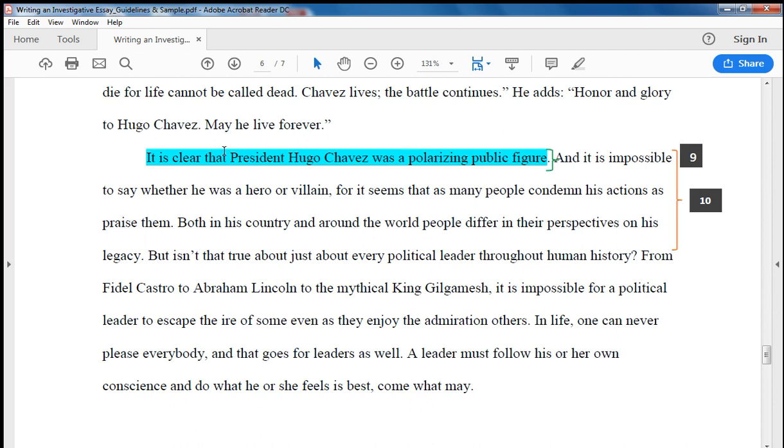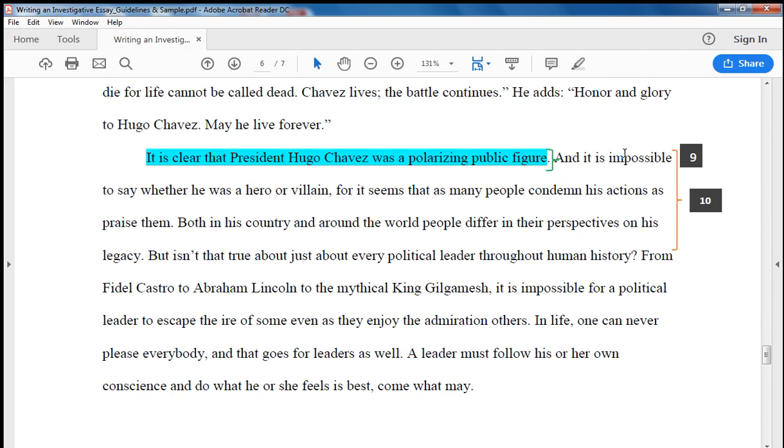And so she says, kind of echoing the statement at the end of her introductory paragraph, it is clear that President Hugo Chavez was a polarizing public figure, right? So we know she's about to wrap things up.